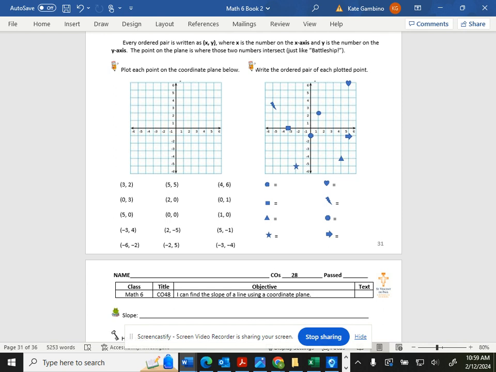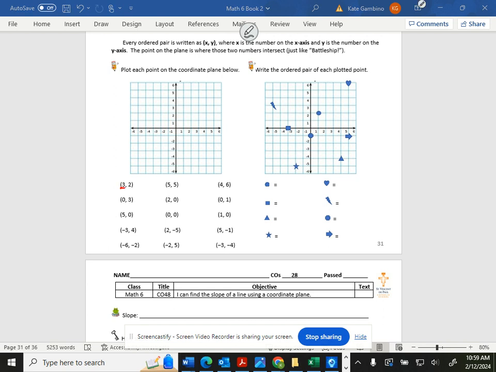So in our first section, we are going to take each one of these ordered pairs and we're going to plot it. So my first one is (3, 2). So what's the first number I'm going to find, Madeline? The 3.